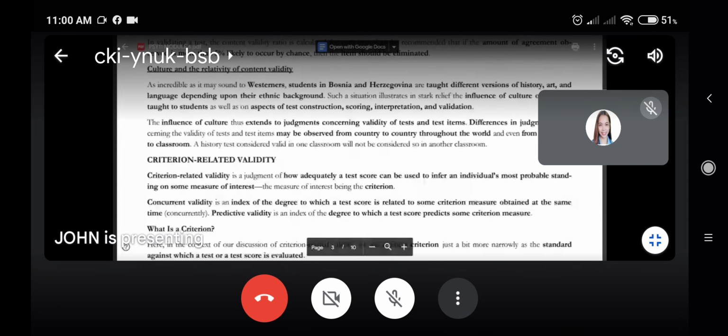Yung medyo mataas ng konti, yung extraversion ng babae kesa sa lalaki. And other factors, most of the factors are not the same. Kaya nga ang ginawa ni Cattell doon, there is a separate norming for men and separate norming for women. And meron din siyang combined.